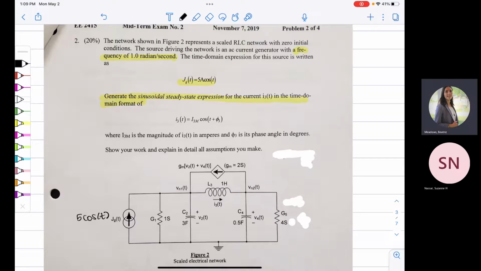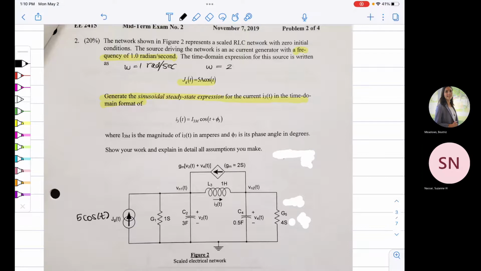With the frequency of 1 radian per second, is that frequency as an f or omega? Omega. Okay, good job. So we're given omega equals 1 radian per second. If you were given frequency, could you find omega? How? Omega equals 2 pi f.